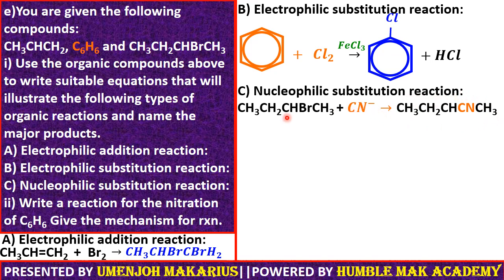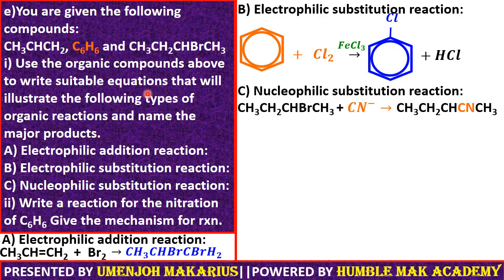Which is going to be this, our compound, when bromine has given way for the cyanide ion. So I have excluded bromine because in organic chemistry, friends, in most cases, you don't need to write the complete reaction. You just need to write only what is necessary for your reaction, only your product of interest. That is all what you need to write. Okay. So this is what we have.